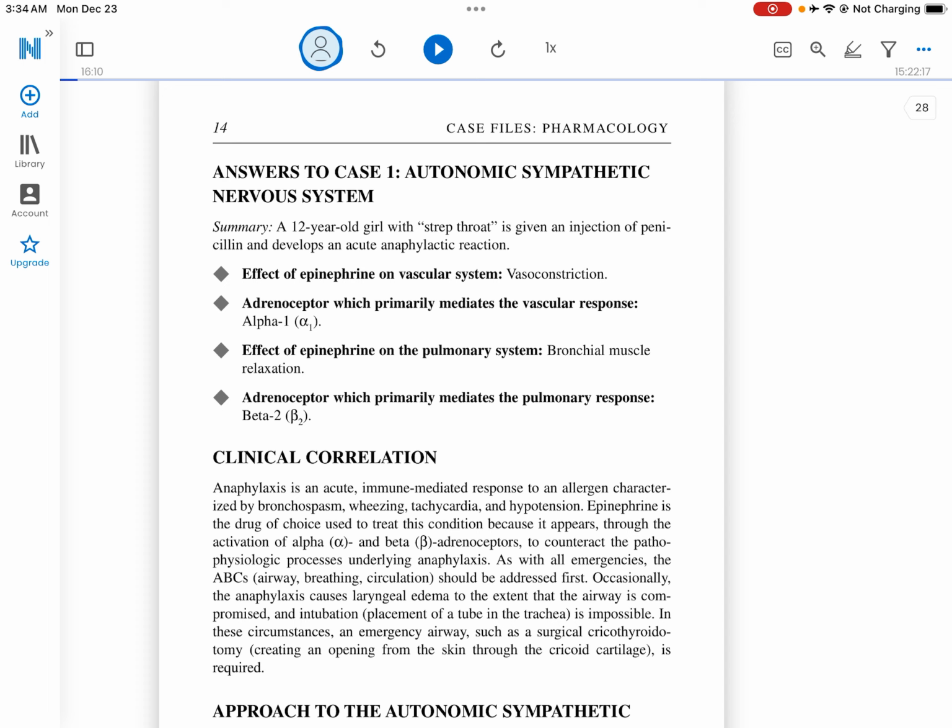Tachycardia will be reduced because breathing is relaxed. Hypotension: when the heart is relaxed, the blood pressure returns to a normal level.